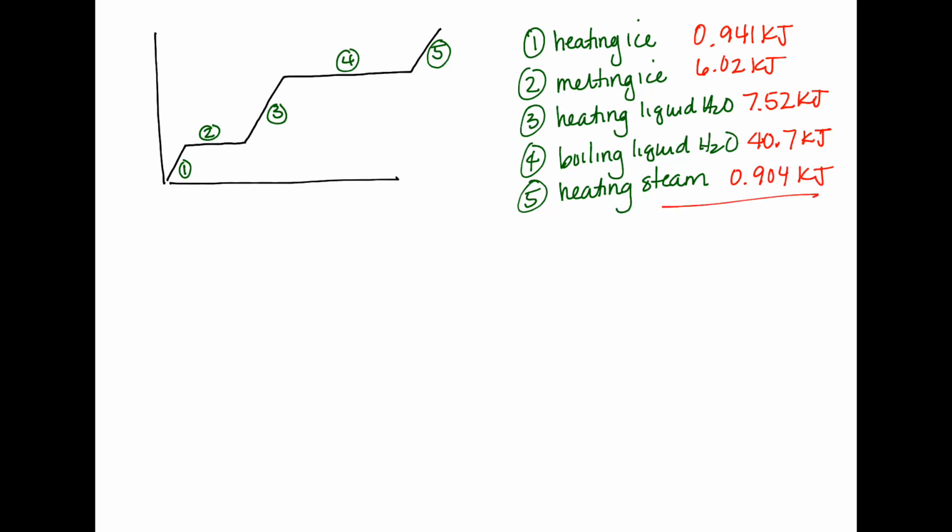And if I add those up to get a total, I get 56.085 kilojoules. And it looks like when I'm adding things together, I should only have one place past the decimal. So this would be 56.1 kilojoules total.